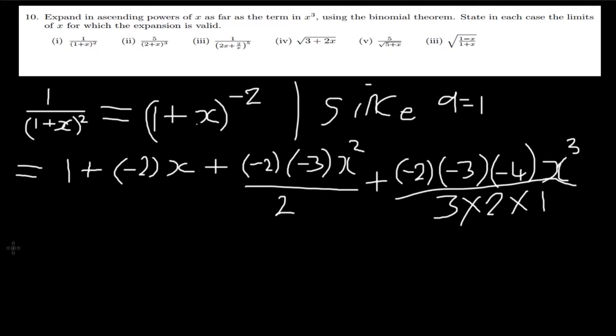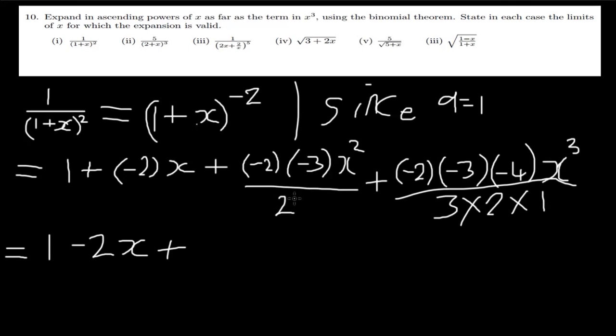So simplifying this expansion, I'm going to have something like this. 1 will come here, and then plus negative 2 times x, I'm going to get negative 2x, and then plus negative 2 times negative 3, I'm going to get positive 6, and then positive 6 divided by 2.